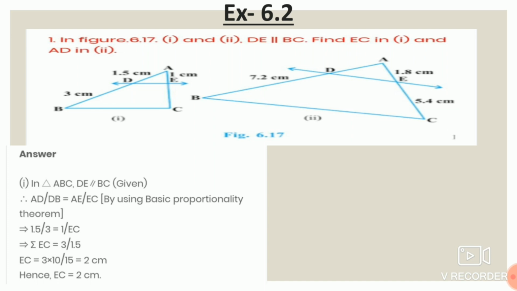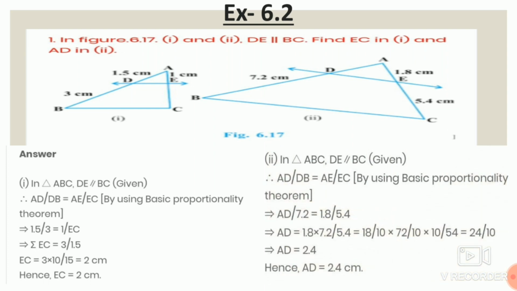So by the basic proportionality theorem, we can easily write AD by DB is equal to AE by EC. Now the values of AD, DB and AE are given as 1.5 centimeter, 3 centimeter and 1 centimeter. Only EC is unknown. We'll put the values in the equation and finally we're getting the value of EC as 2 centimeter.